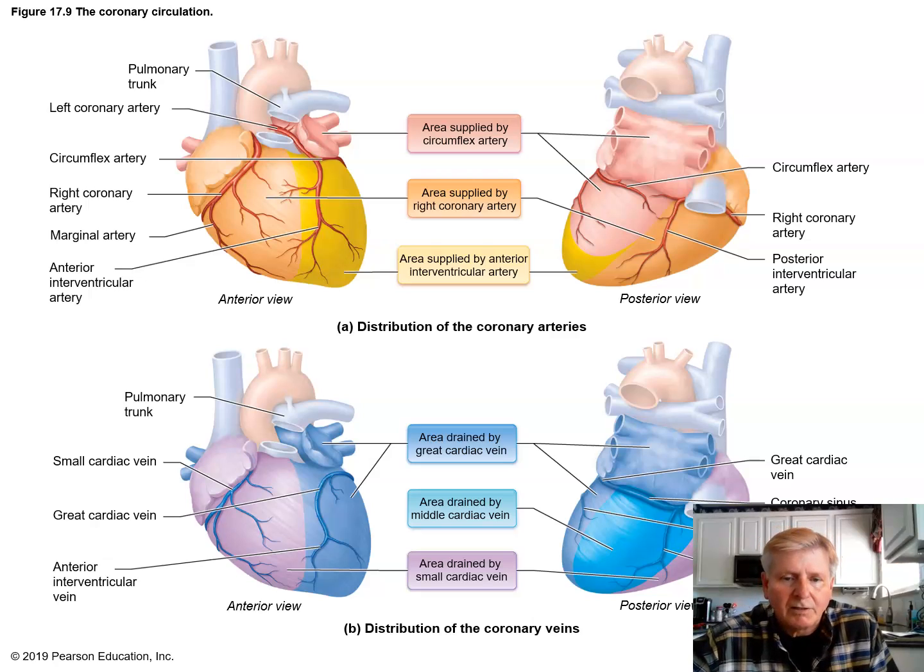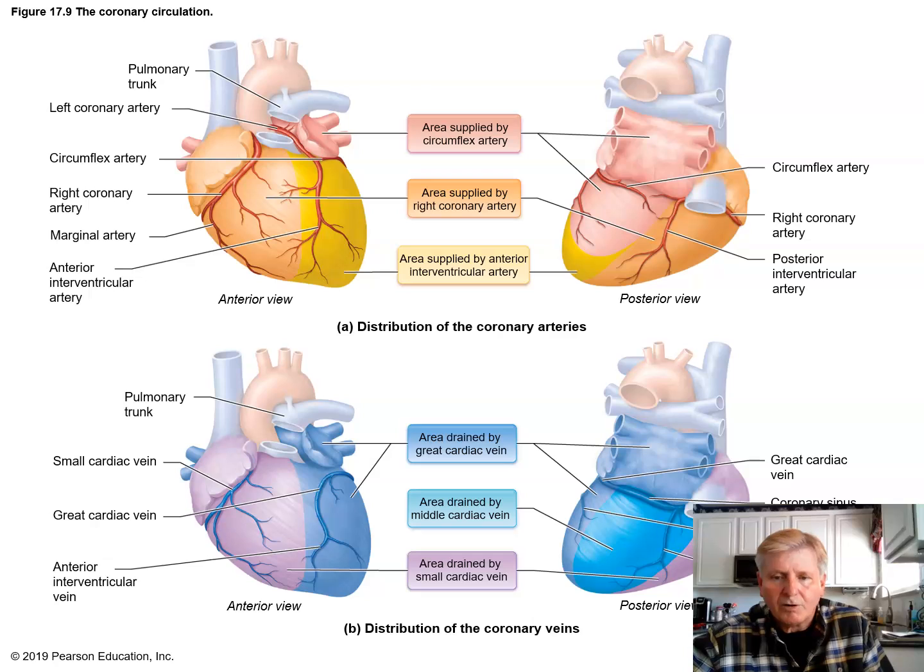And then you've got the great cardiac vein running alongside the anterior ventricular artery. And then it's basically draining blood from most of the left ventricle. And then the area drained by the great cardiac vein, you can see, is all this in dark blue on either side.